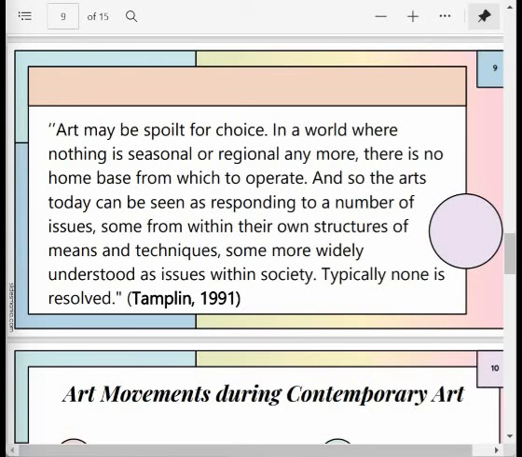So this multiplicity of perspectives brought to light a more difficult terrain to map out in terms of clear and distinct movements, because what compelled artists' works were not prevailing medium, techniques, or style. Rather, it was the themes and concerns they address. And the conversation was no longer limited to geographic locales but became increasingly a global conversation.